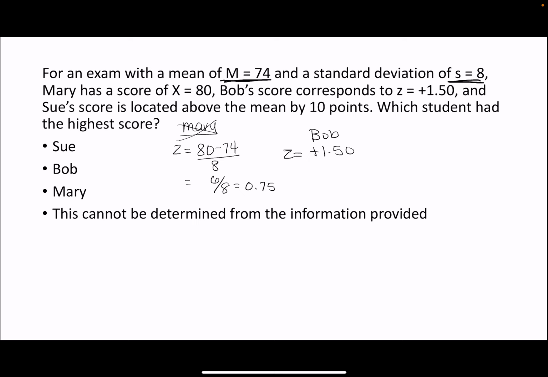But let's look at Sue. Now, Sue scored 10 points above the mean. And remember that problem we did earlier. That means that the numerator is going to be 10. And we're going to divide by our standard deviation of 8. And 10 divided by 8 gives us 1.25. So Sue also did not do better than Bob. And Bob ended up being the winner of who did the best on that exam.